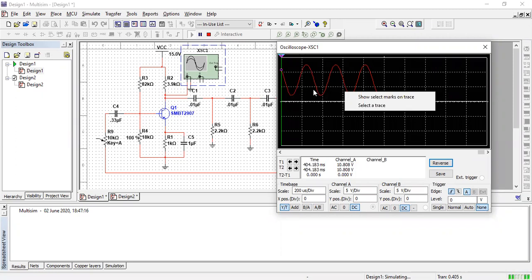So we are getting 1.6 as the time period, full scale 1.6.